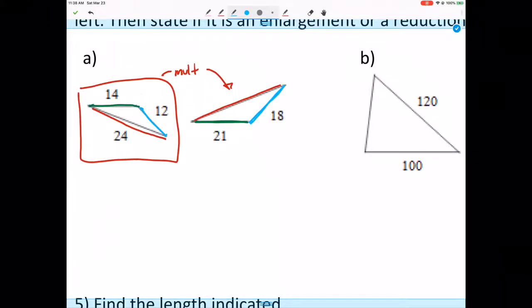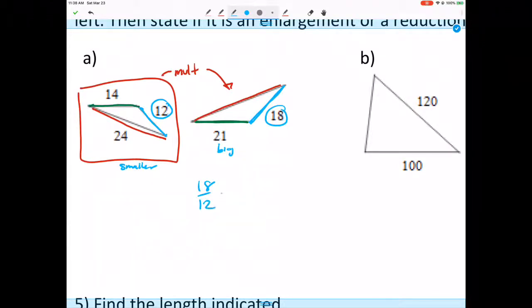This triangle is obviously smaller and this is bigger. If it's getting bigger, we want to put the big over the small. So 18 divided by 12, and that ends up giving us 1.5.